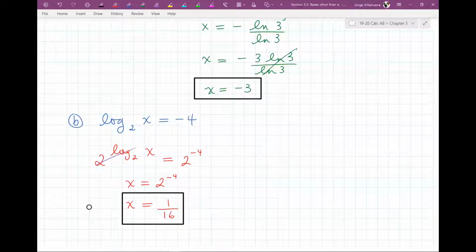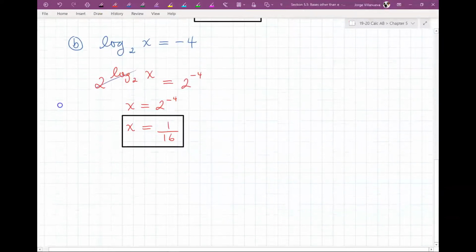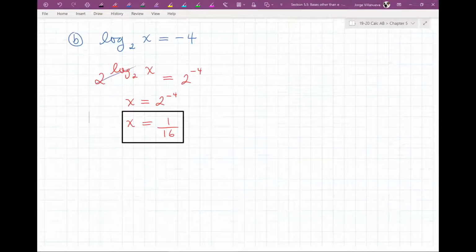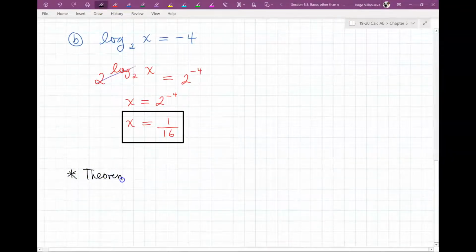All right, so derivatives. Let's talk derivatives and integrals, and we'll be done here. So this is theorem 5.13. Derivatives for bases other than e.